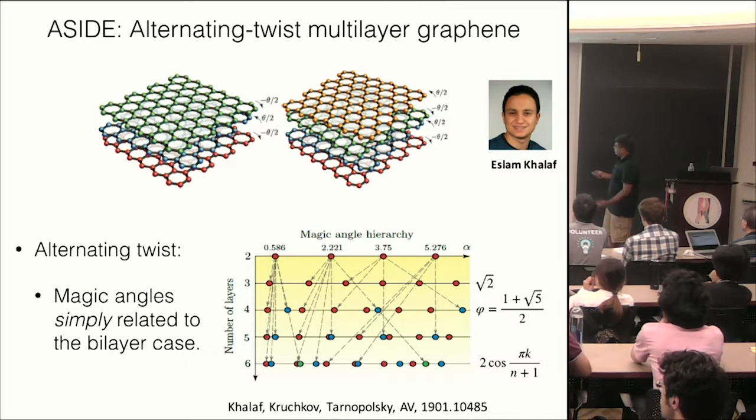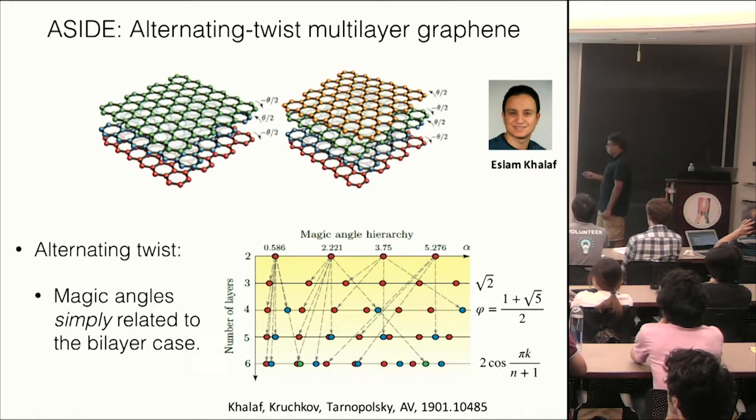It turns out one of the reasons to look at this model is that it's actually trivial to solve. You can just map it back to the 2-layer model, and the magic angles that you get in these other situations are simply related to the original magic angle. So the 2-layer case has a certain sequence of magic angles. The 3-layer case has another sequence, and they're related to the original ones by a factor of square root of 2.